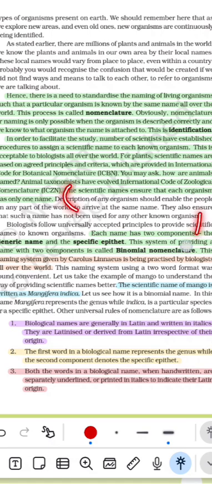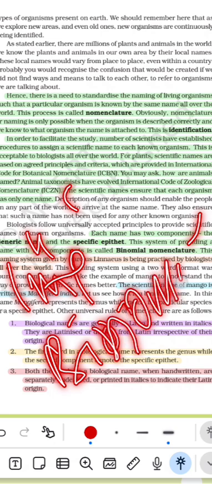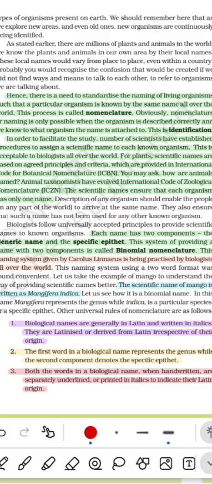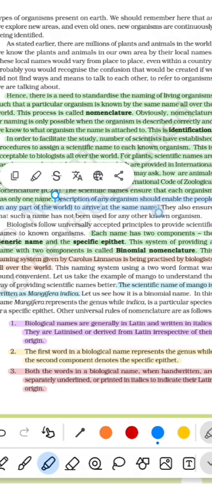So this is also an importance of binomial nomenclature. You may highlight it.